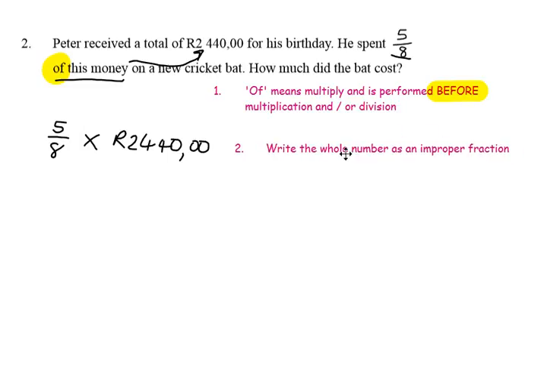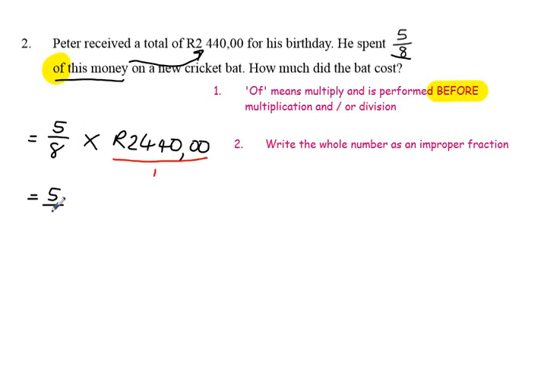The next thing we have to do, everything has to be in fraction form. So we are going to write this in fraction form by putting it over 1. Right, so now our calculation looks like this.